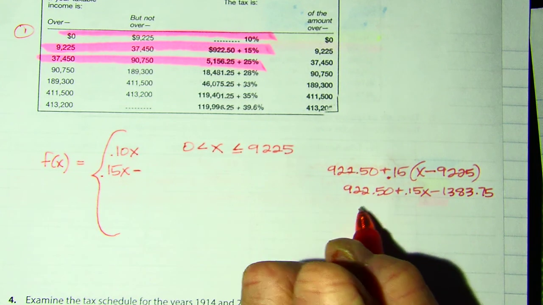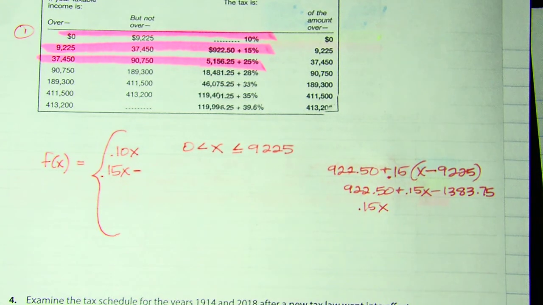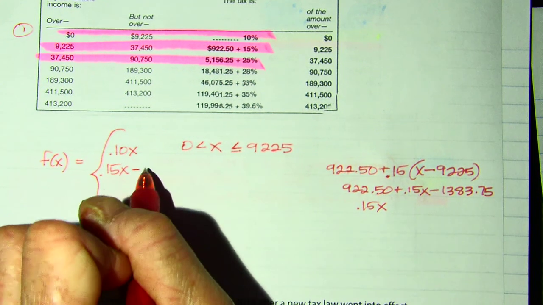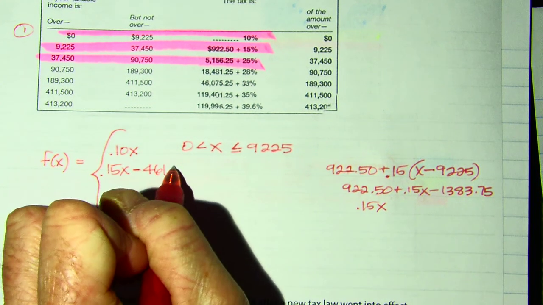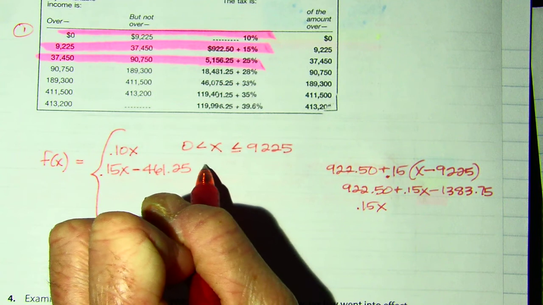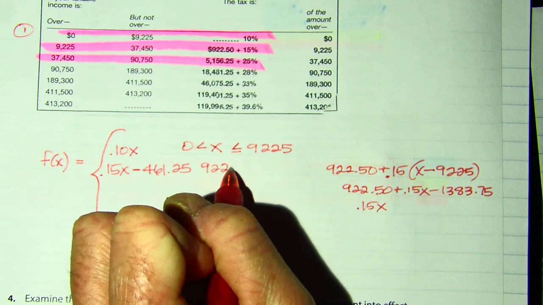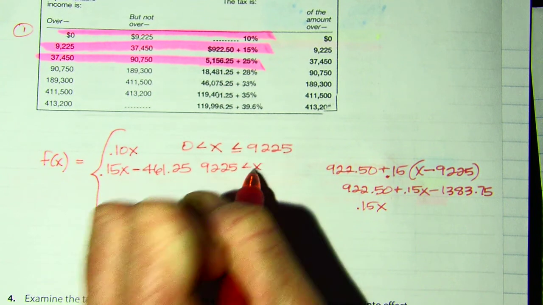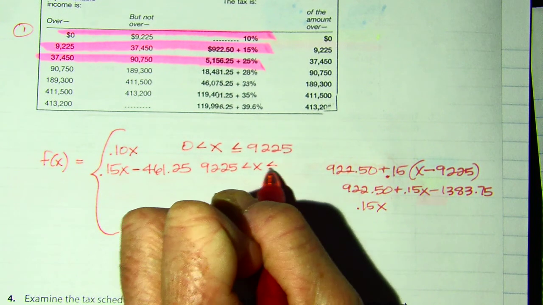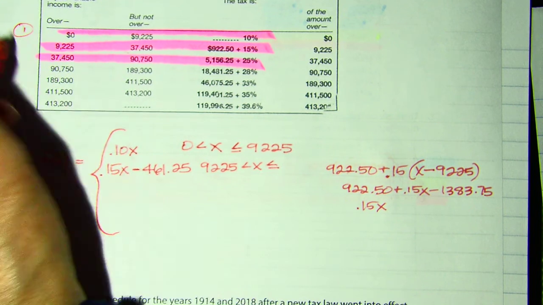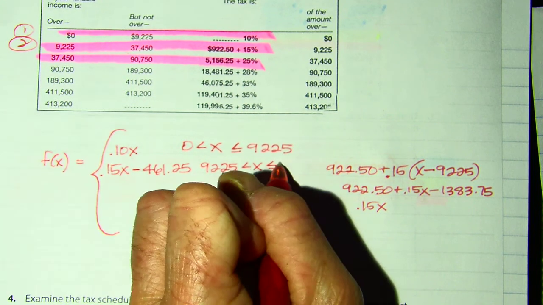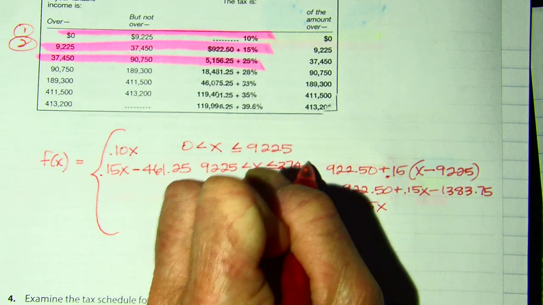So that gives me 0.15x, 922.5 minus 1383.75, and I'm going to subtract 461.25. And this is for when x is greater than 9,225, but less than or equal to, this is number 2, 37,450.